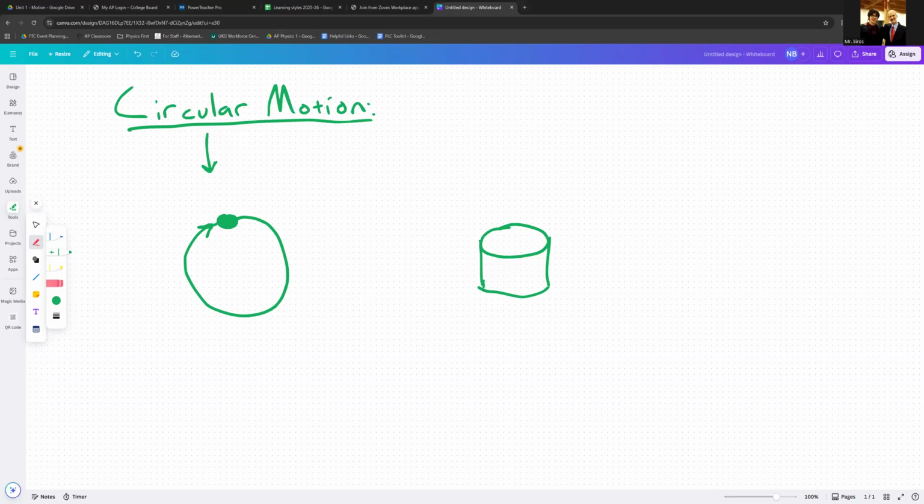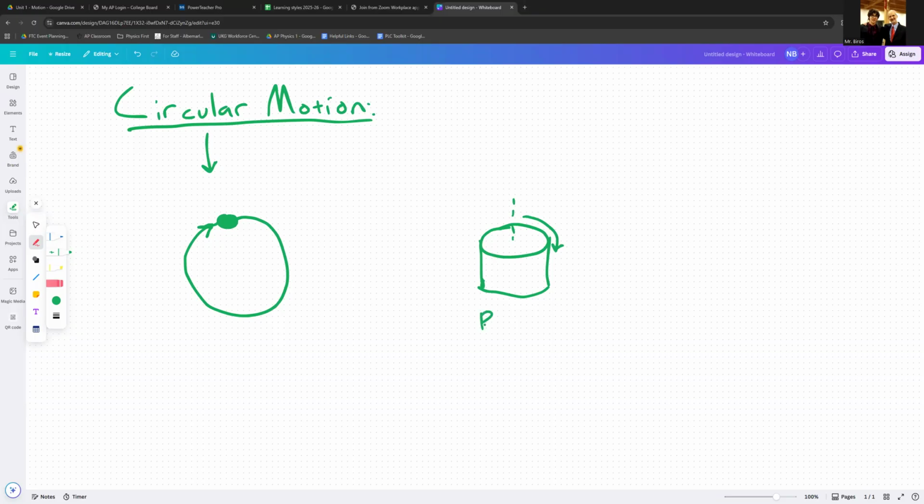Now, rotational motion. Here I've drawn a disc or a cylinder, and in Unit 5 we'll talk about how we could imagine an invisible line going right down through the middle of it, and then the entire object turns around that, almost like an invisible wire going through it.